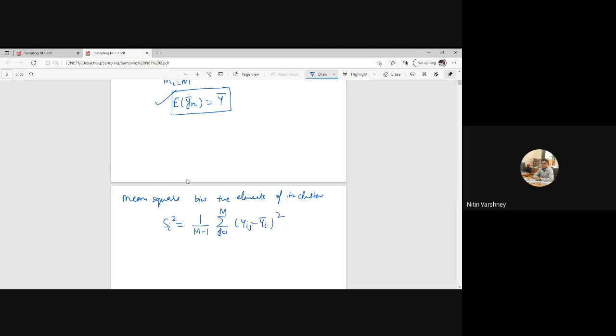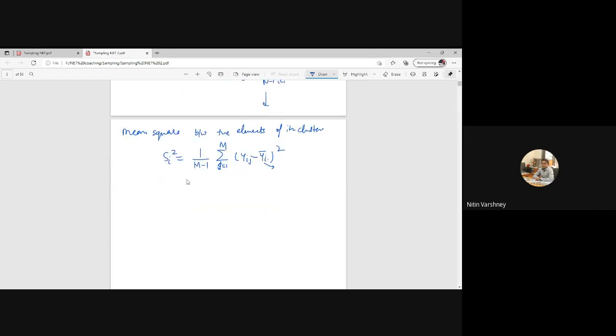The simple formula is s square is equal to 1 upon n minus 1 summation i is equal to 1 to n of yi minus y bar square. The same formula is there, we just have to change the notation according to the clusters. So this is the ith cluster mean. So this is Si square.